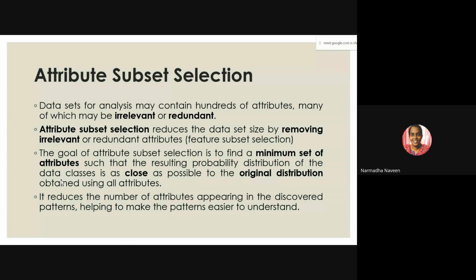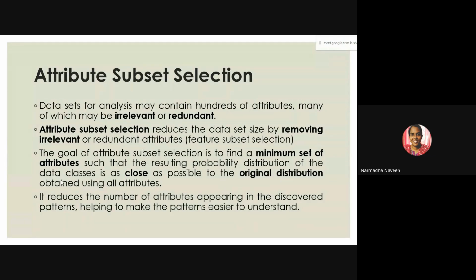And then we have attribute subset selection, a technique that helps to reduce the data set size, mainly by removing the irrelevant attributes. Okay, so if there is something not related to your problem, something which is not suitable for your problem.